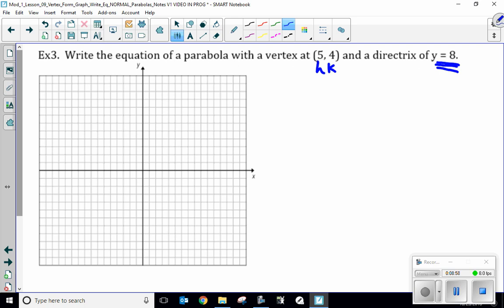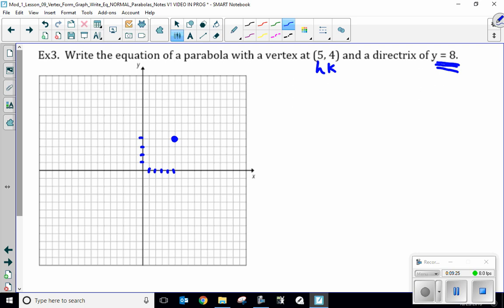But if I know any 2 of those 3, my vertex, my focus, and my directrix, I can always find the third one. So that's exactly what we're going to do. Okay, vertex is at 5, 4.